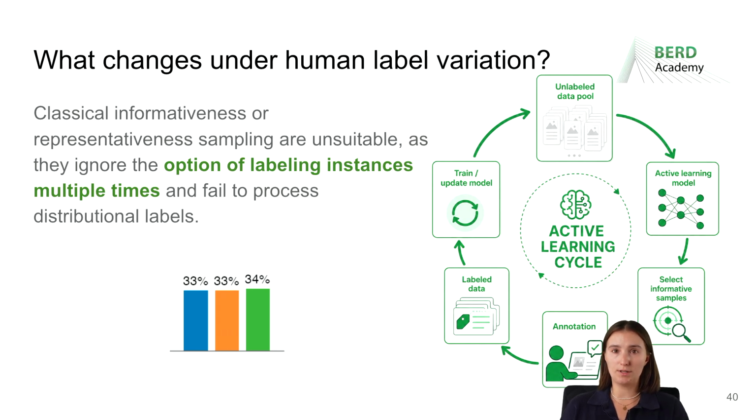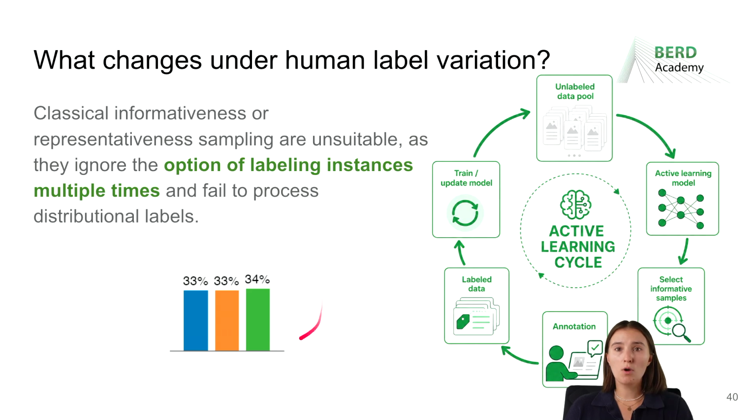For example, as we looked previously, here you can label the instances based on entropy, which is an uncertainty measure. And those measures are not suitable in this case because they ignore the option of labeling instances multiple times, and they also fail to process distributional labels.